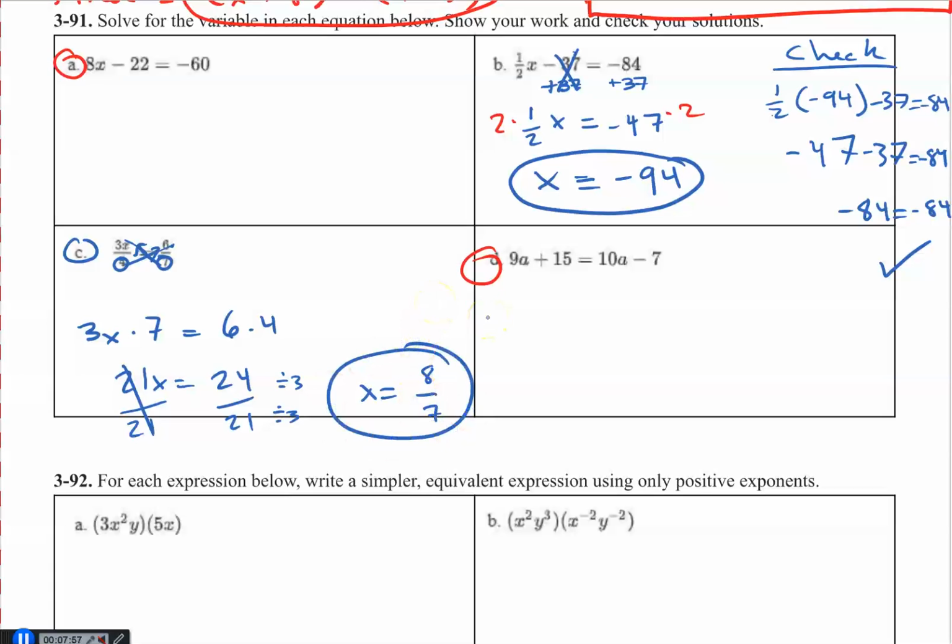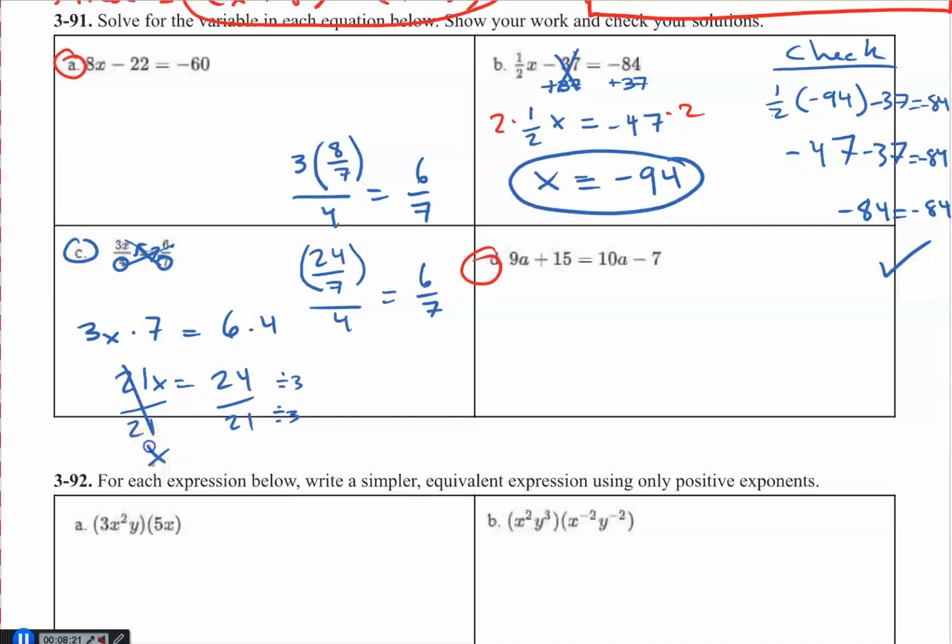Plugging that in to check, let's see. So we've got 3 times x divided by 4. That's supposed to equal 6 over 7. Well, 3 times 8 over 7, that's just like 24 over 7. Let me rewrite this down here, and we're checking our work here. And when you divide by a 4, it's kind of like multiplying by 1 over 4.